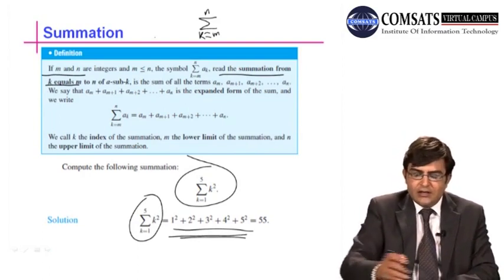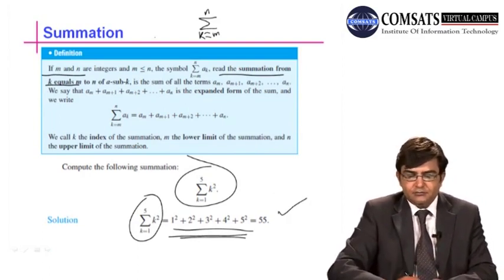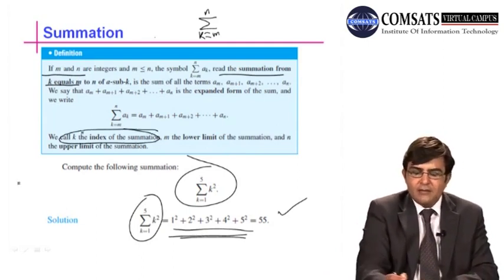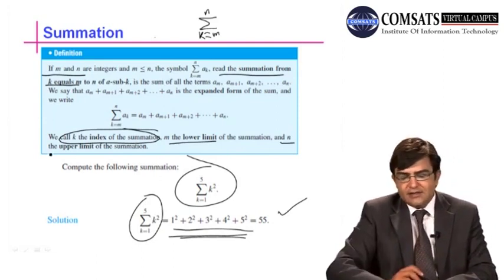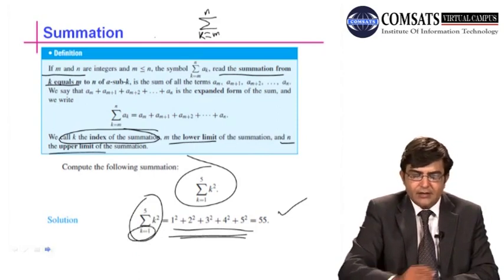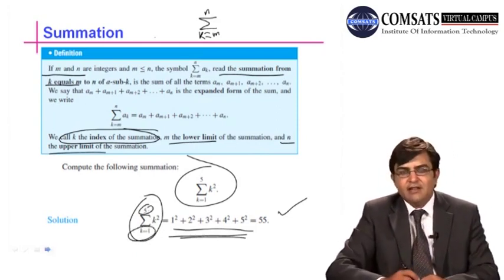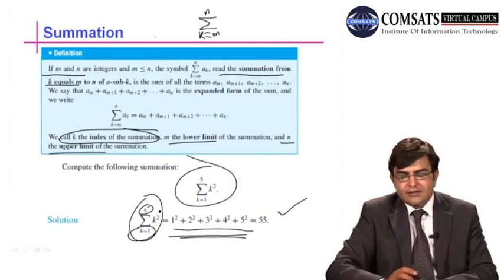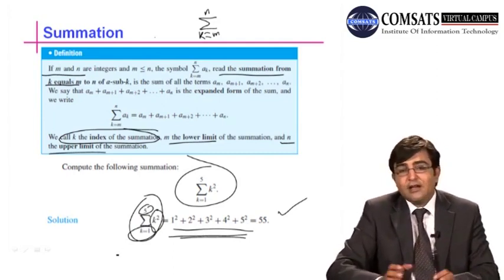So this is how we can define the summation, where k is the index of summation, m is the lower limit of summation, n is the upper limit of summation. We always write the lower limit here and upper limit here. It means that k can vary from 1 to 5, and we insert all the values of k in the general term of a sequence.